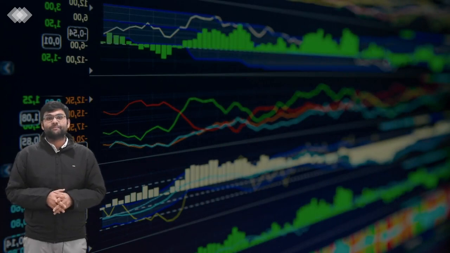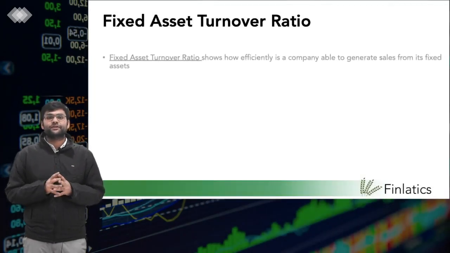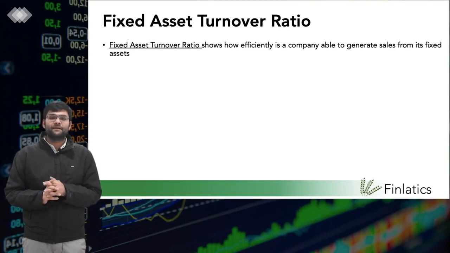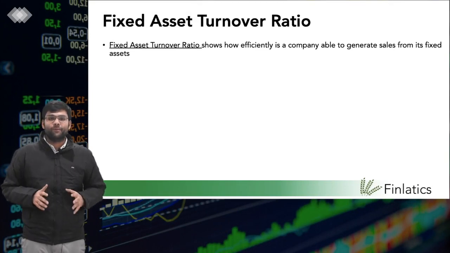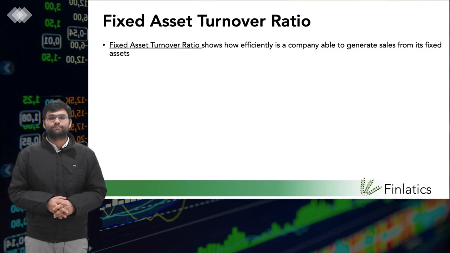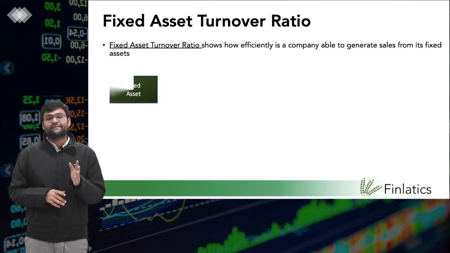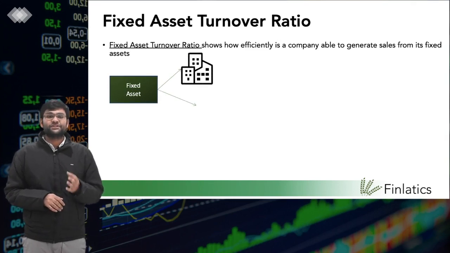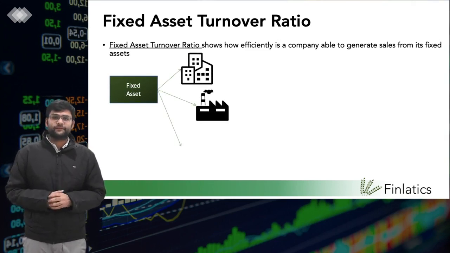Our next ratio, the fixed asset turnover ratio, shows how efficiently a company is able to generate sales from its fixed assets. Fixed assets of a company include property, plant, machinery, and equipment.